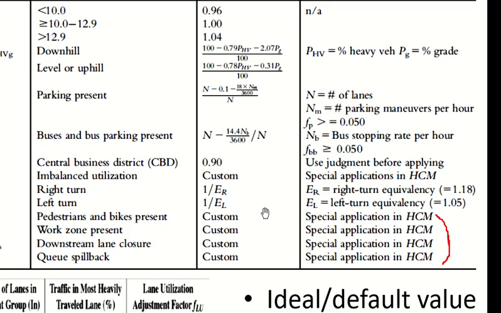In the case of heavy vehicles, it was the effect of a heavy vehicle compared to a car. In this case, it is the effect of the turning vehicle compared to a straight vehicle. So right turning has an equivalency factor of 1.18. That means having one right turning vehicle is equal to having 1.18 straight, through vehicles. That is the meaning of equivalency factor.